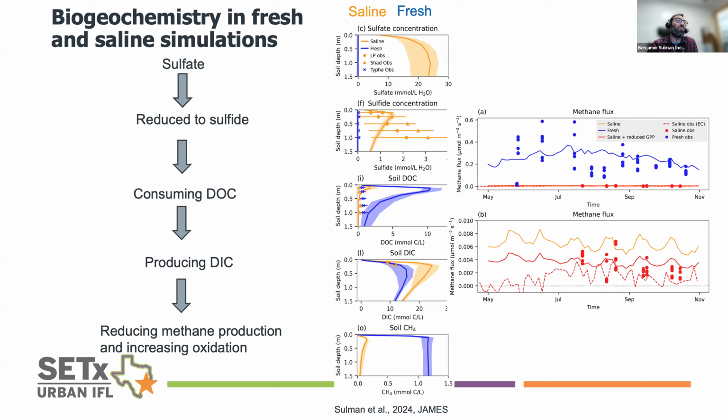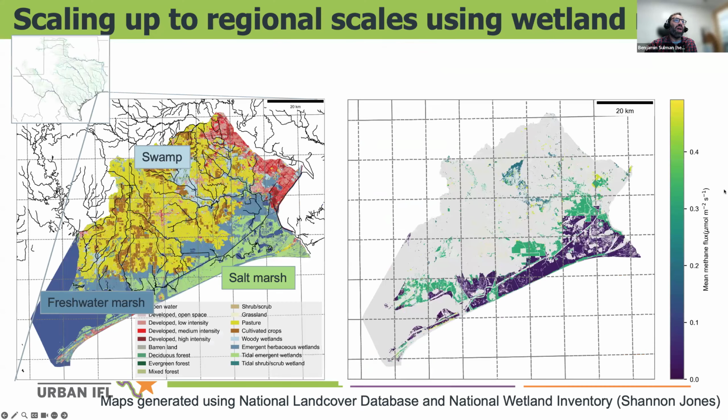So this is an example from one site. And if we zoom back out, looking at this whole area of Texas, from Beaumont, Port Arthur, and going west, we can use the National Wetland Inventory and the National Land Cover Database to map out land cover. And we have some salt marsh and freshwater marsh areas and forested swamp areas.